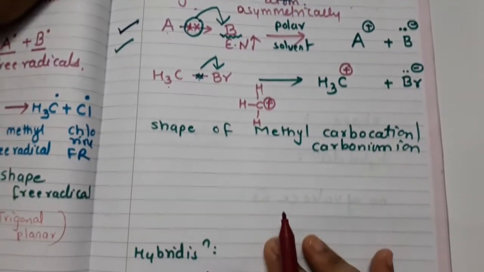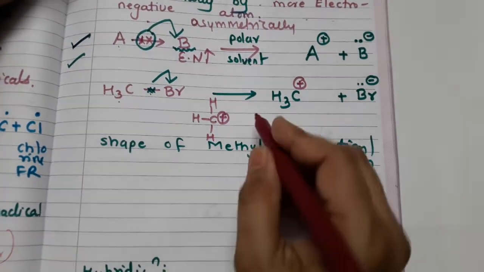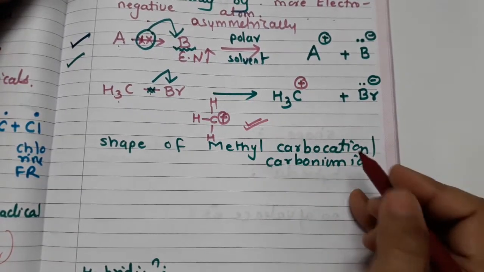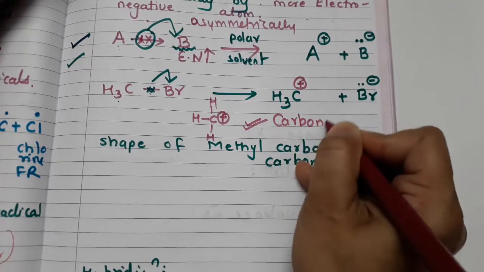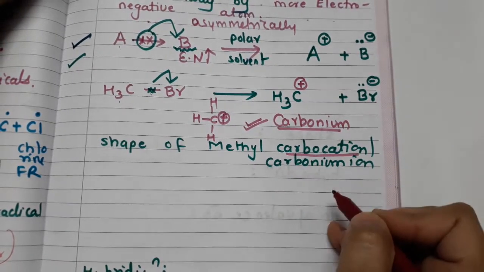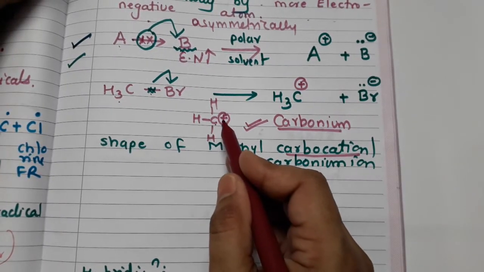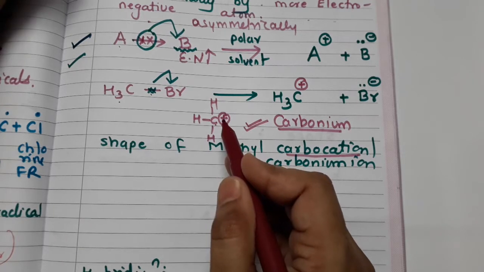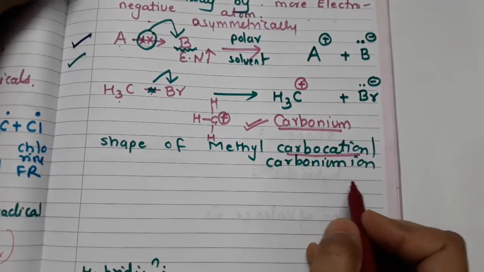Now students, as we saw the structure of free radical, we are going to draw the structure of this particular carbonium ion. Now what is carbonium ion or what is carbocation? Please note, when carbon acquires positive charge, that species is known as carbonium ion or carbocation.